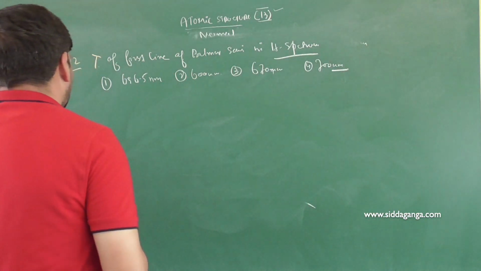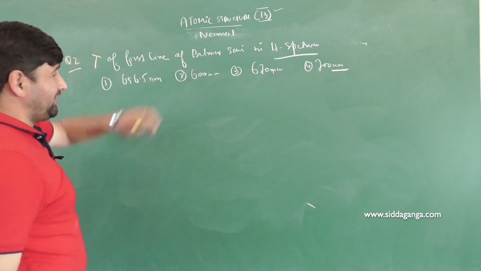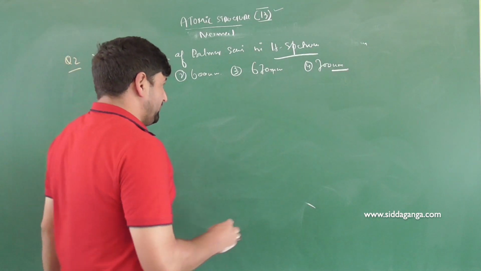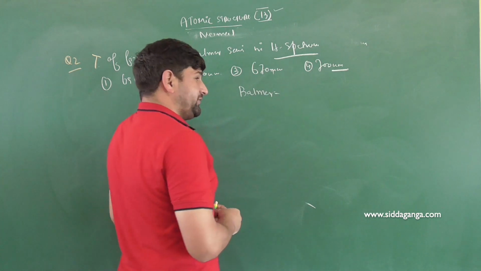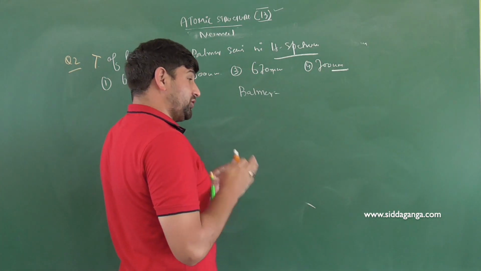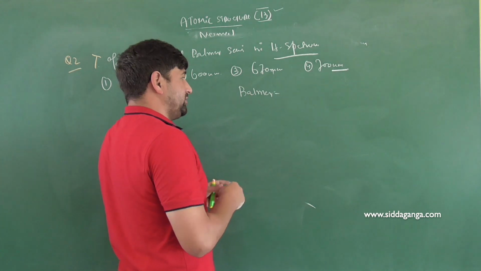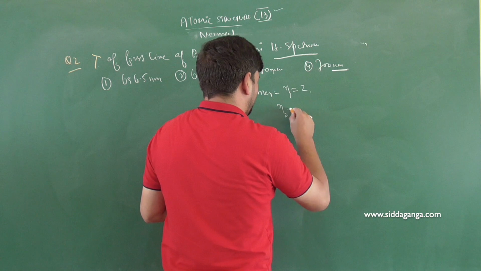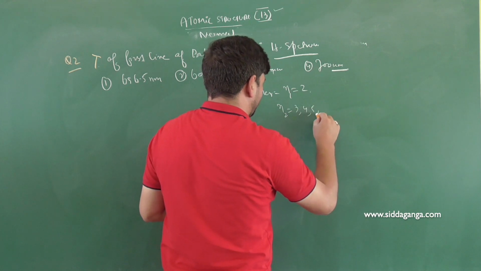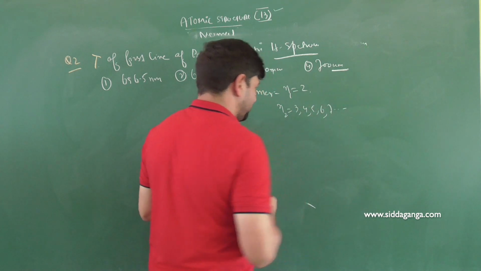Okay. We have to calculate the wavelength of the first line of Balmer series. Now we know Balmer series is the only series in hydrogen spectrum which lies in the visible zone. So for that, n1 is 2, n2 will be 3, 4, 5, 6, 7, so on and so forth.